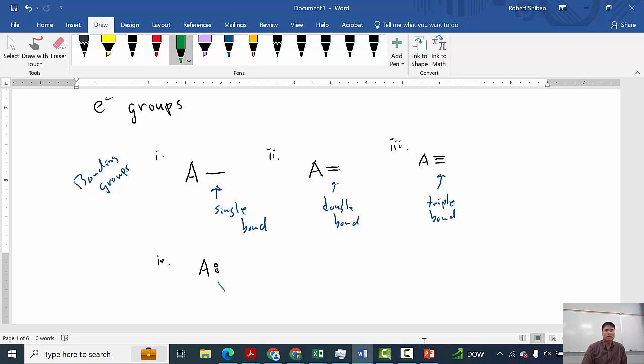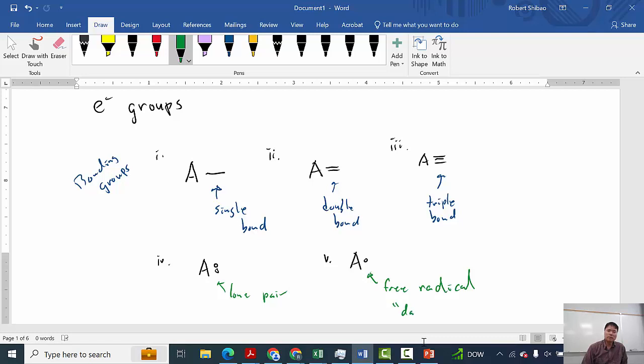And then we have groups that don't bond to anything. That would be a lone pair group. And the final group will be if we just have a single atom. We see a single atom when there's an odd number of electrons that don't even out.